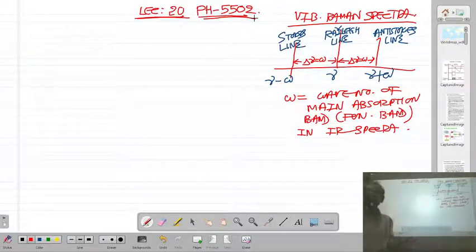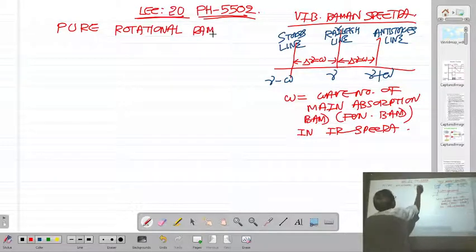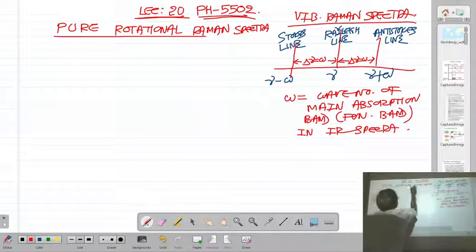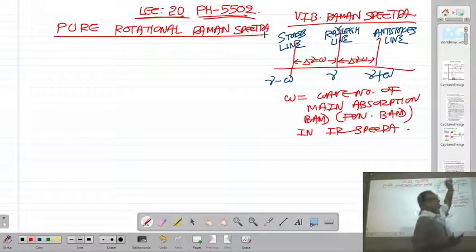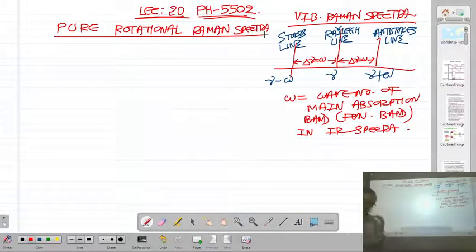So today we will study the second type, that is called pure rotational Raman spectra. We discussed the vibrational Raman spectra in the previous lecture. In this lecture we will discuss the pure rotational Raman spectra.